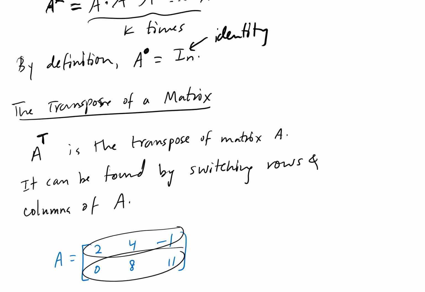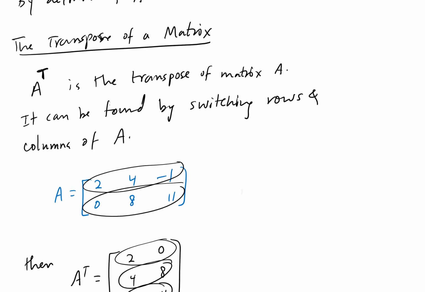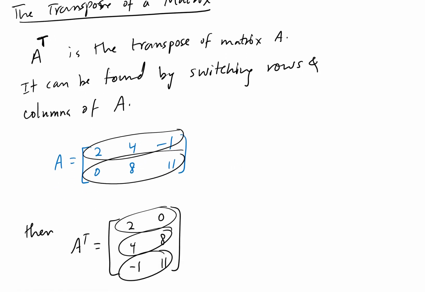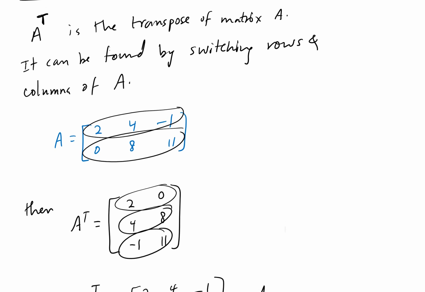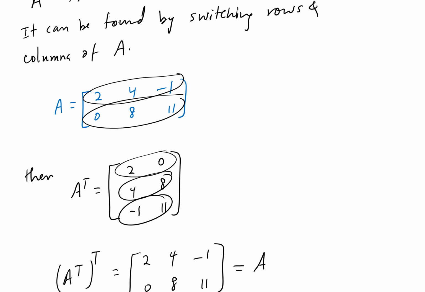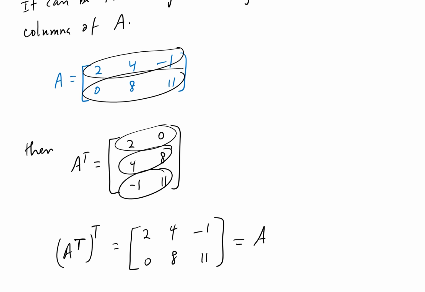If I make the rows columns and columns rows, the row 2, 4, -1 is going to become a column, and the same thing for the other one. That would give me A transpose. A transpose is the matrix obtained by switching rows and columns, as you can see. If you transpose the transpose, you'll get matrix A back.